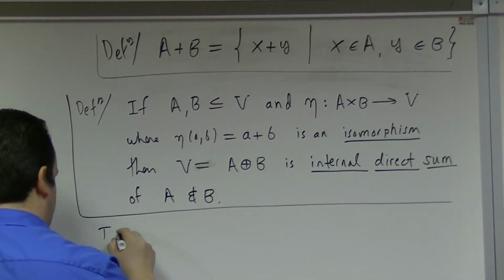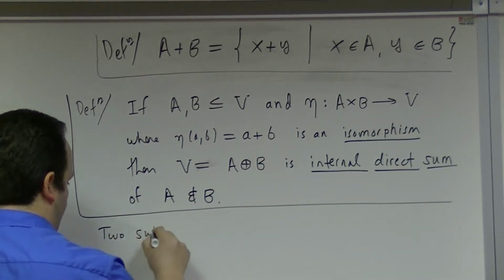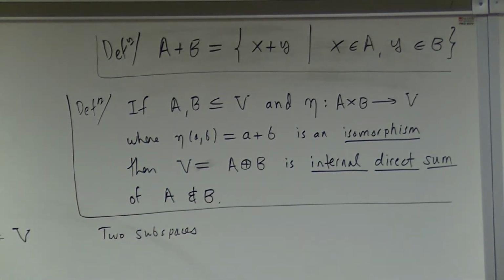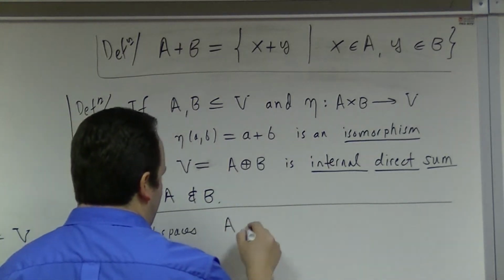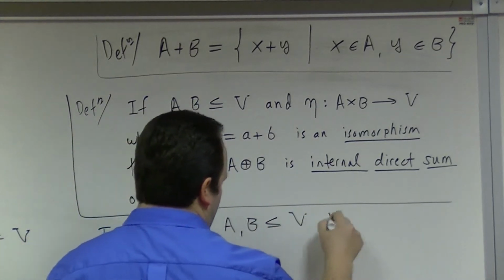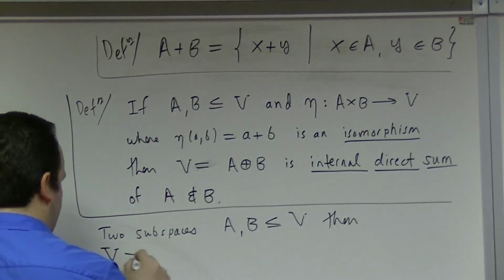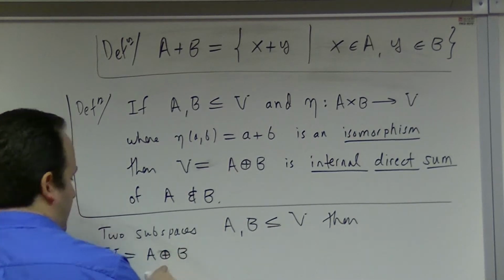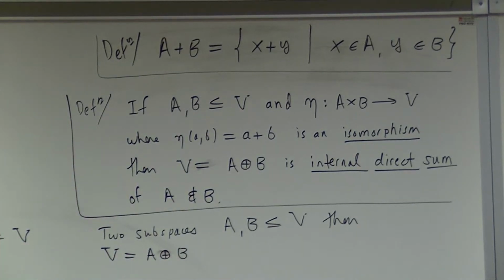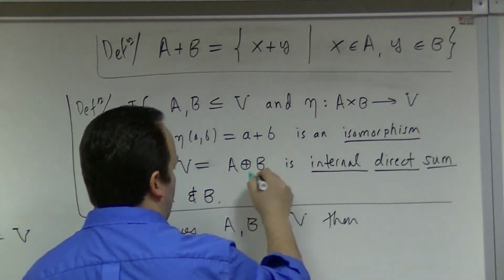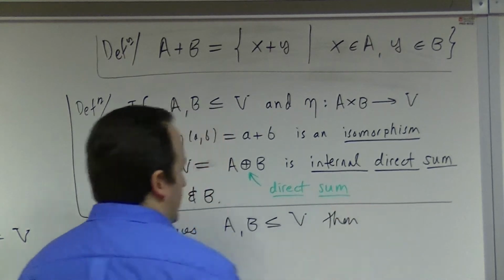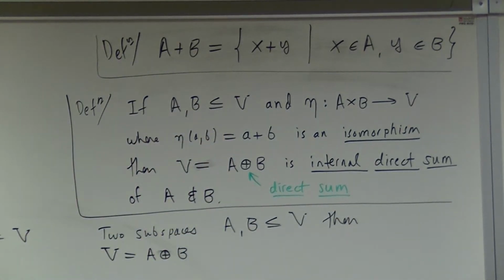Two subspaces A and B of V. Then V is equal to A direct sum B. This is called the direct sum, by the way. Would you just say that the basis of A and the basis of B added together equal the basis of V? Well, that would be a technical criterion, but that's part of it, yeah. So V is the direct sum of A and B.